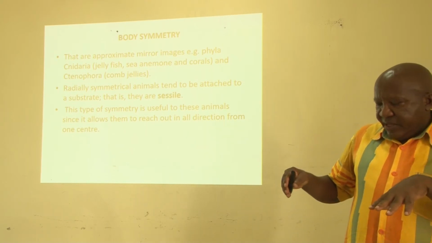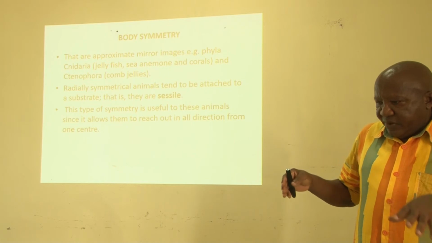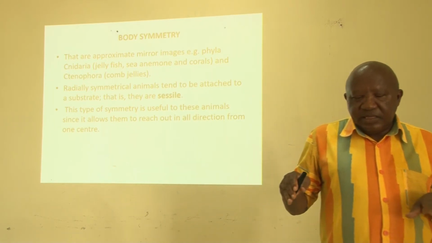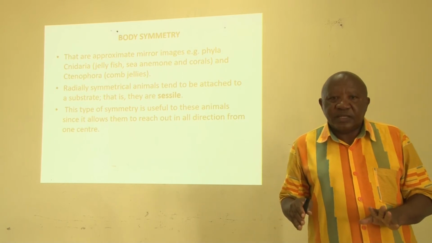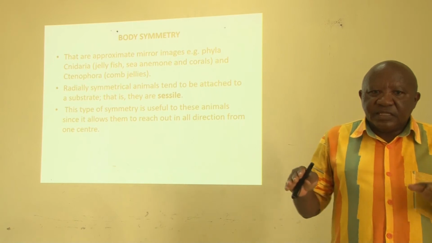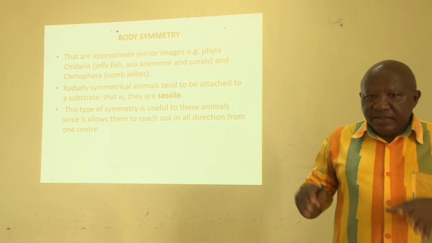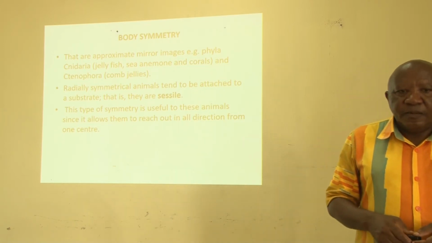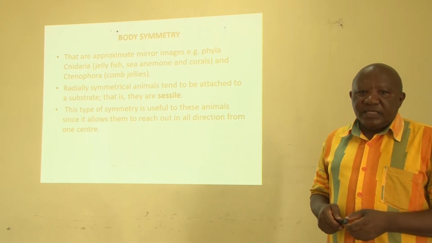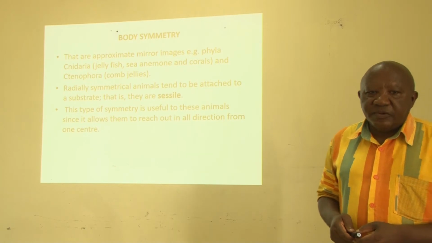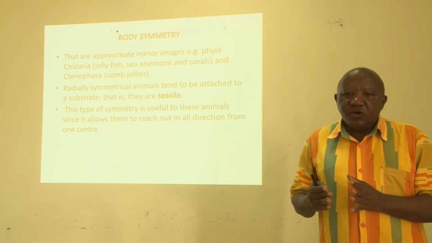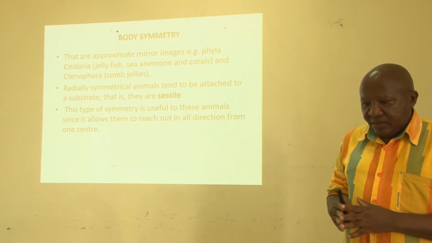Imagine an animal with a radial symmetry body plan. It means that it doesn't have specific movement. So most of these animals are found attached to a substrate. This type of symmetry is useful to these animals since it allows them to reach out in all directions from one center.